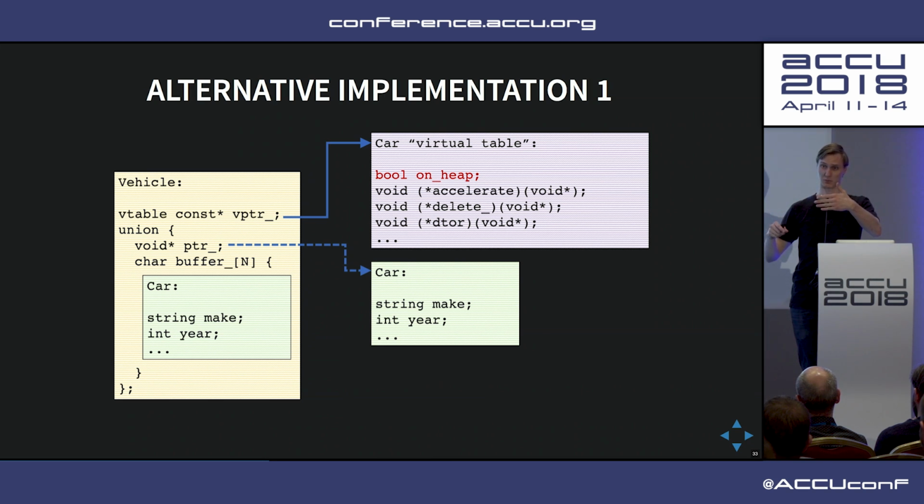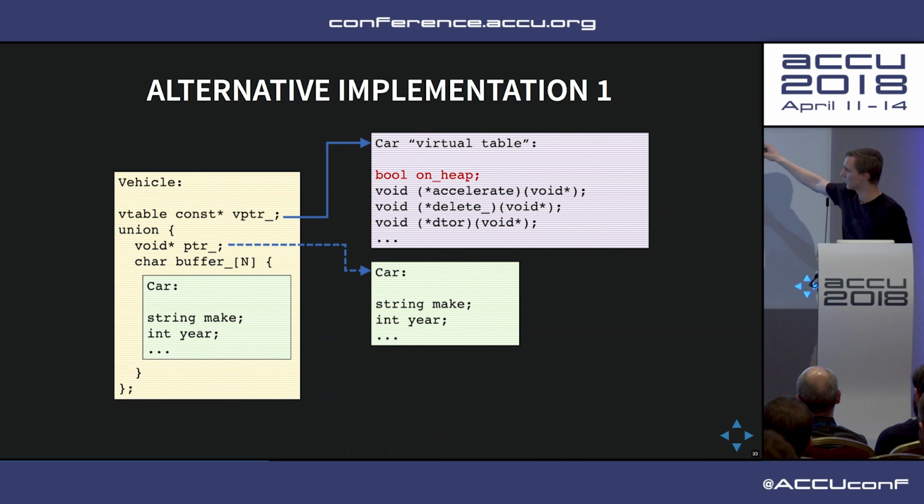So you should know the object because you have an object and you're putting that car or that truck, which you have constructed, into a vehicle. So you ought to know already the size of it. But yeah, that's true. So yeah, you can actually inline the knowledge of whether it's on the heap or not into the Vtable.